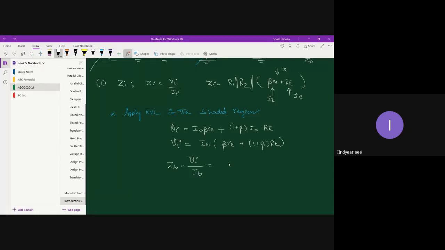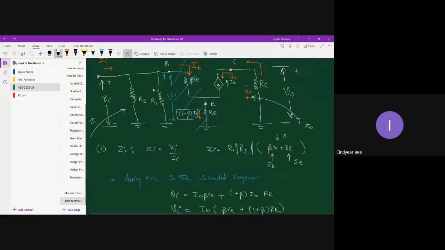So ZB is going to be beta RE plus 1 plus beta times RE. So what we have done is we have found an equivalent impedance ZB as seen from the base terminal to the emitter terminal, which is very close to your RE model elements.